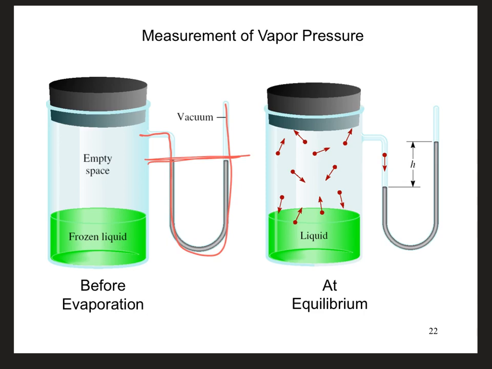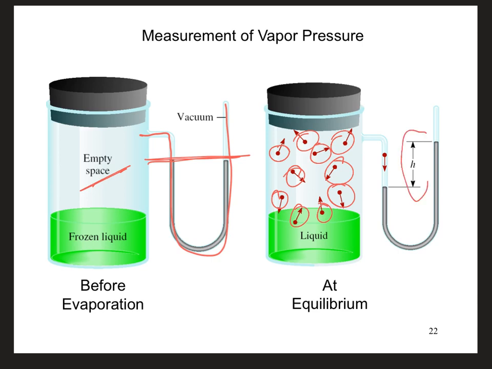But once it reaches that equilibrium, where the rate of condensation is equal to the rate of evaporation, the rate being the key word, what happens? You can see now I have all these gas molecules in what had been a vacuum, empty space. And the more gas you have, the greater the pressure.